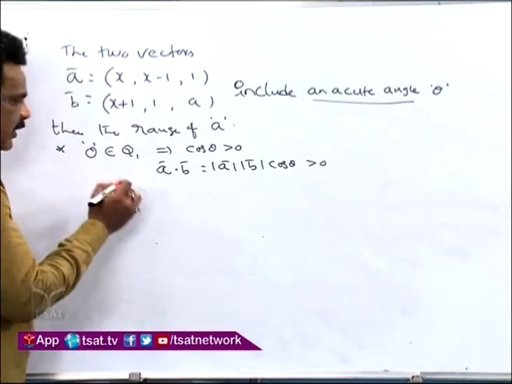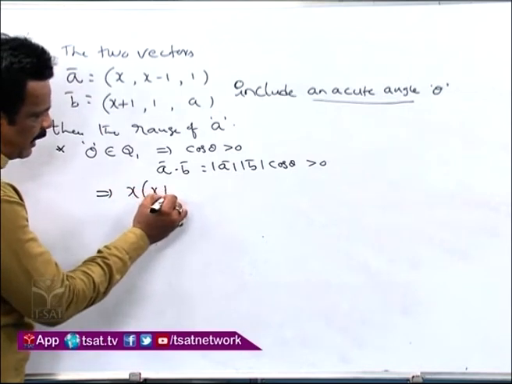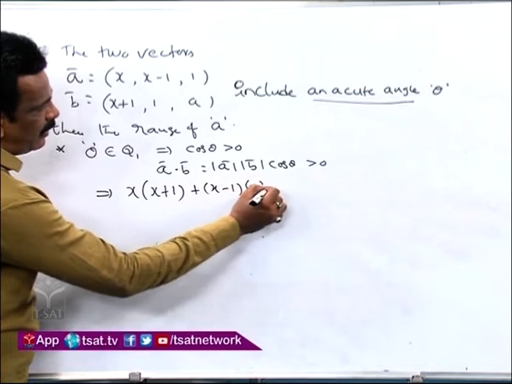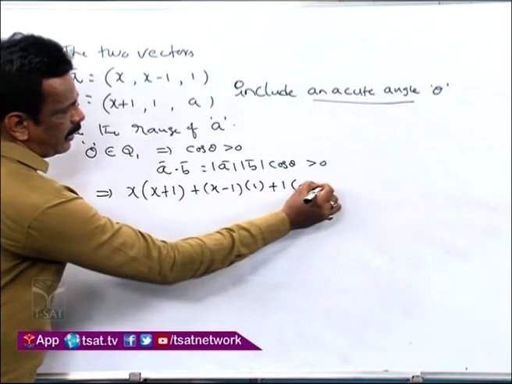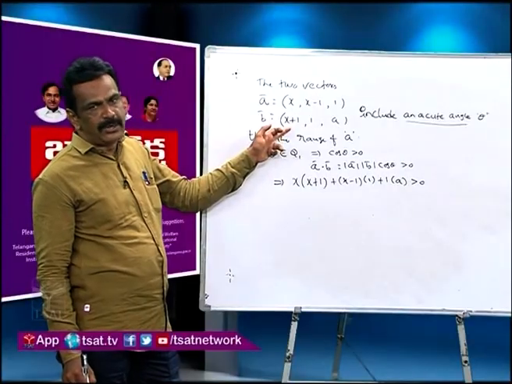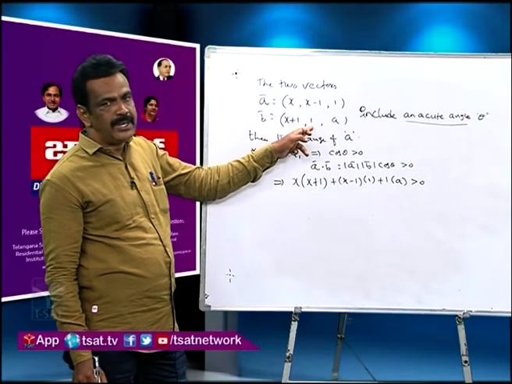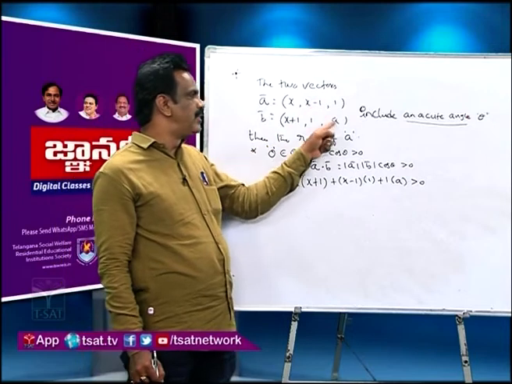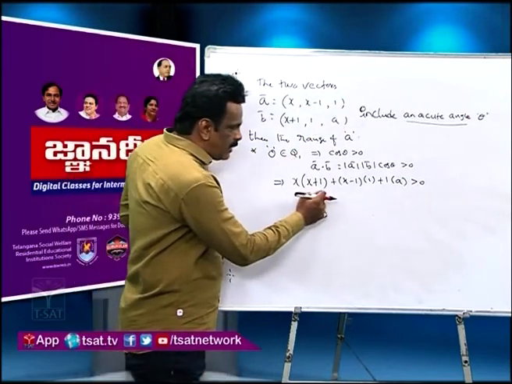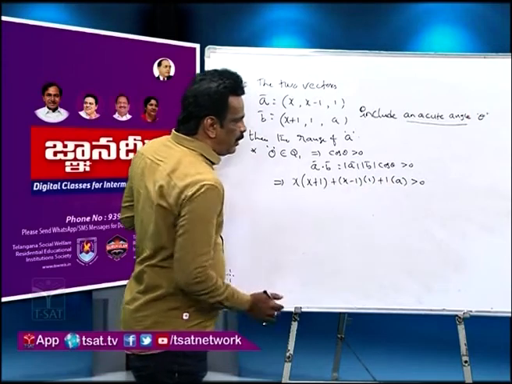So here x into x plus 1, plus x minus 1 into 1, plus 1 into a must be positive. So we can say a1 a2, i component into i component, plus b1 b2, j component into j component, plus c1 c2, k component into k component. Like that a1 a2 plus b1 b2 plus c1 c2 is positive.